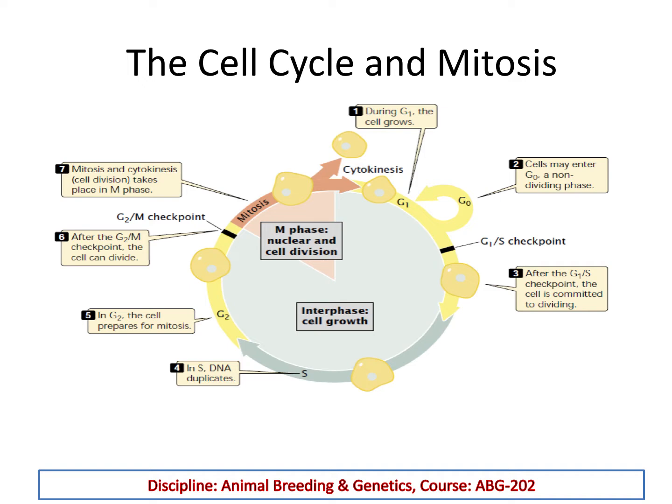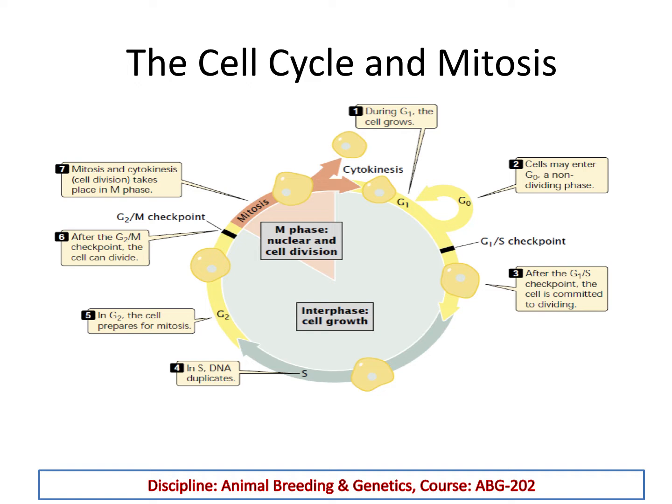So you can see on your screen a bigger cell, and at this stage the cell must pass the G2M checkpoint. G2 is basically the previous stage in which the cell prepares for mitosis, and M is the next phase in which the actual mitosis and cytokinesis, that is the cell division, takes place.